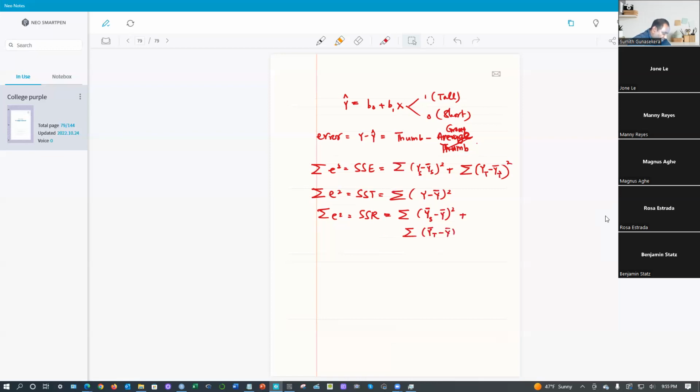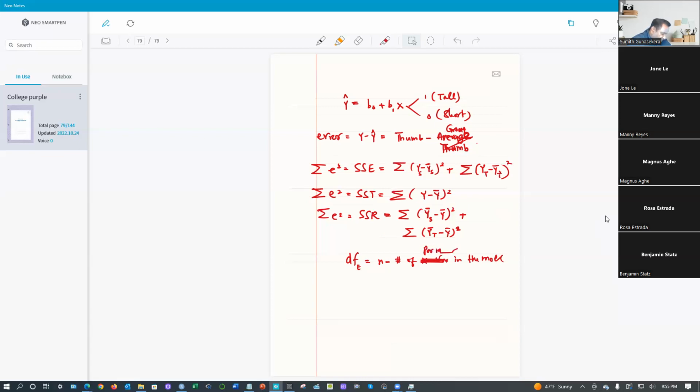Then you can remember their degrees of freedom. Degrees of freedom of error is nothing but n minus the number of parameters in the model. And degrees of freedom of total is n minus 1 always.